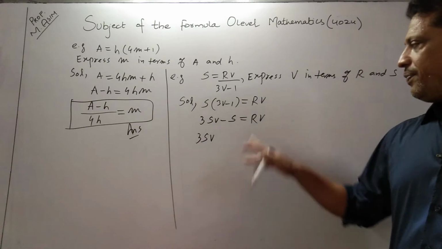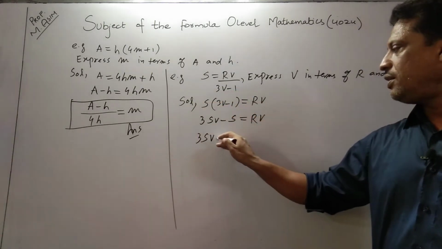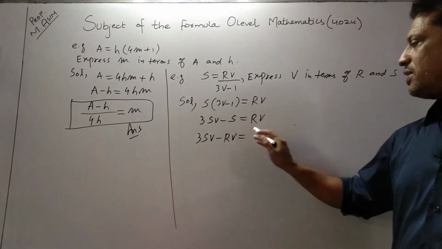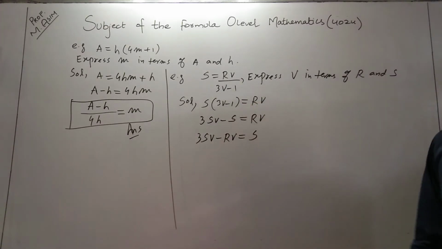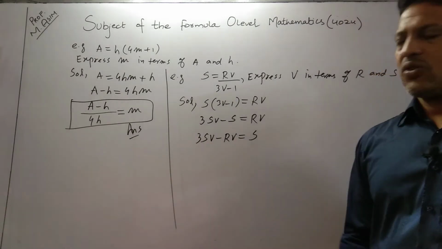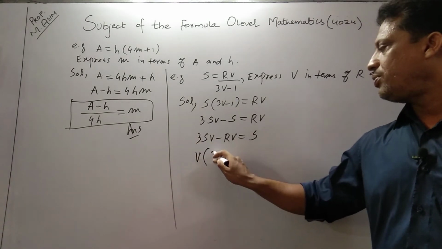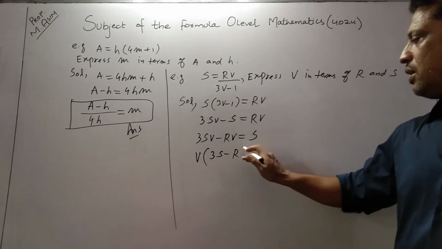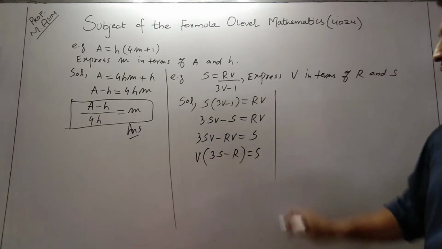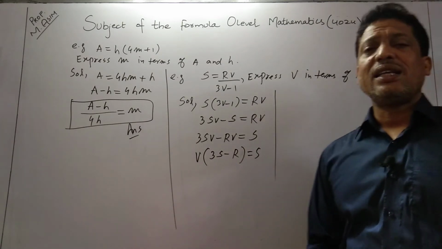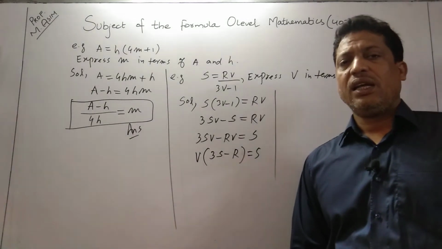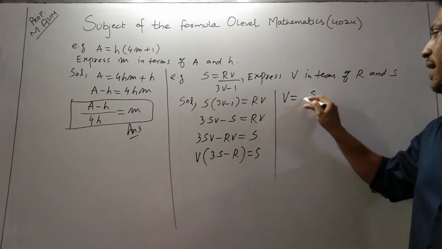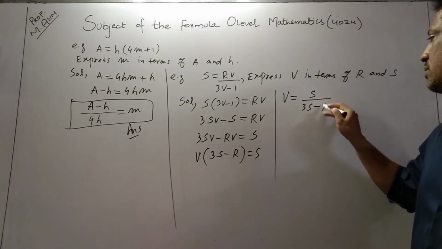This RV shifts on this side and becomes minus RV, this minus S shifts on this side and becomes plus S. Take V as common from both the terms, so V(3S minus R) is equals to S. This 3S minus R is multiplied, so this should divide on other side. V is equals to S upon (3S minus R).